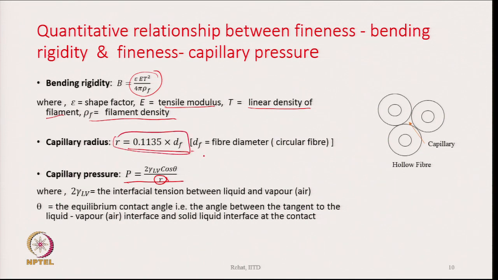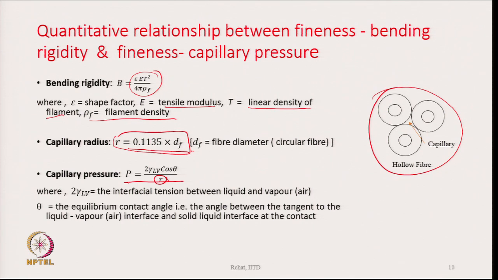It is stated for the situation when the fibers are actually touching each other, like the situation given here. When the circular fibers touch each other, that is, they are quite well packed, then the capillary formed at the center, as shown in this diagram on the right hand side, has the radius stated here. That means it is almost a close packed structure.